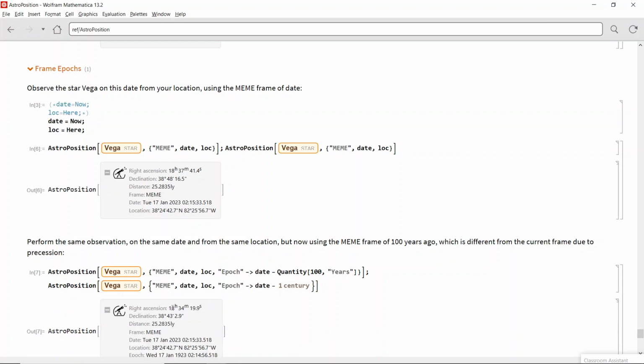So now I have 18 hours 37 minutes 41.4 seconds versus 8 hours 34 minutes 19.9 seconds and 38 degrees 43 minutes 16.5 seconds compared to 38 degrees 43 minutes 2.9 seconds.